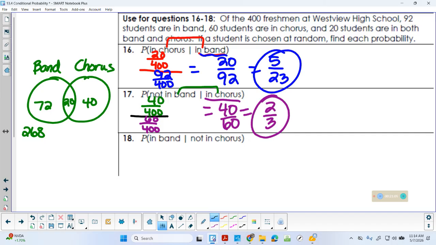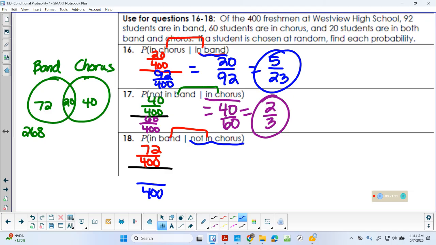All right, final one, my friends. Let's set up the fractions. I know I'm over 400. Okay, in band, so looking at the band circle, and not in chorus. So how many do you have for that? Band circle, no chorus. 72. Got it. Okay, over 400. Okay, probability of the second event, no chorus.